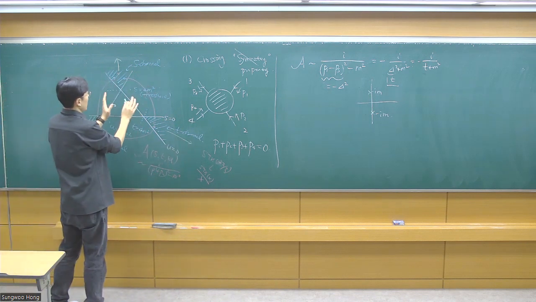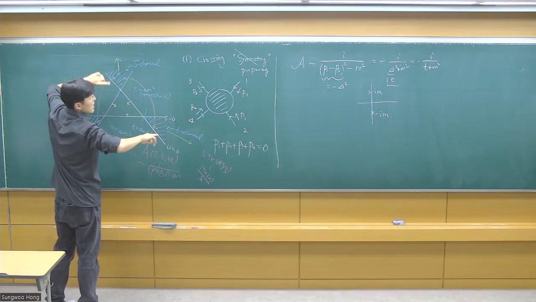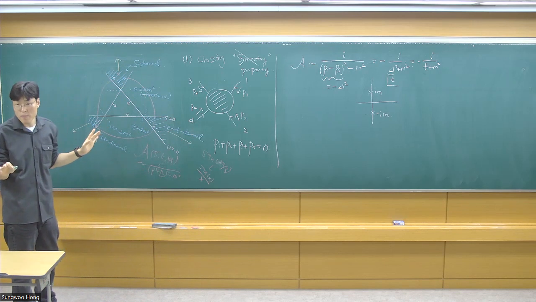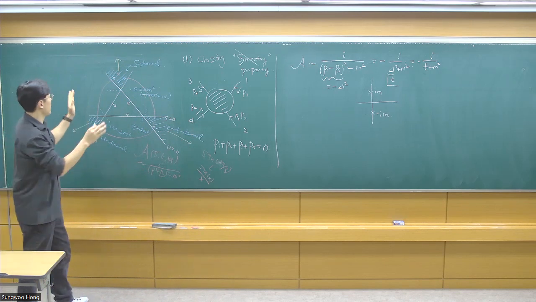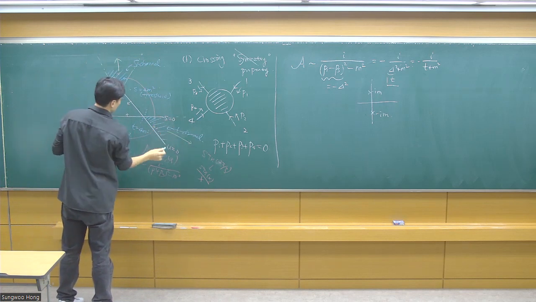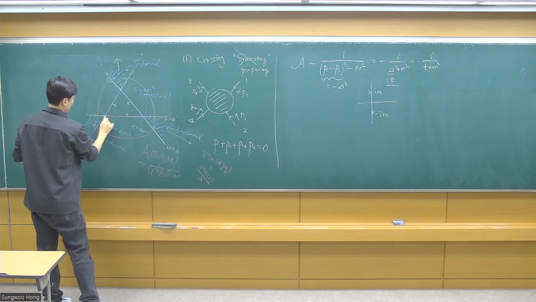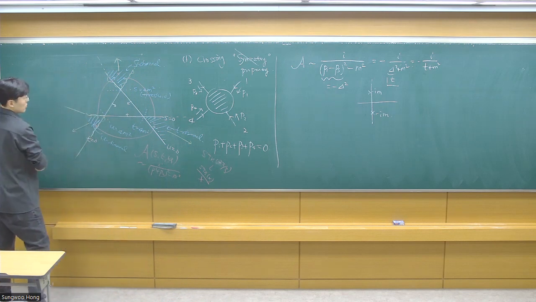So if you take the case where masses are not all the same, you see asymptotically in the high energy regime, mass effect is negligible, right? So then asymptotically you asymptote to this nice looking figure, but there might be modification in that region. But asymptotically you go to that picture.